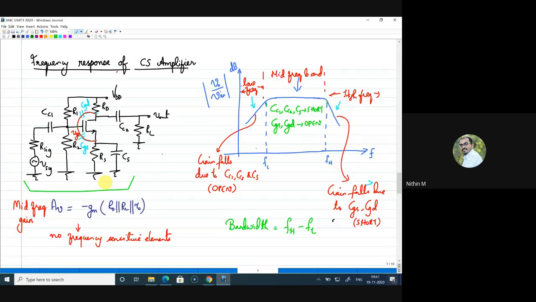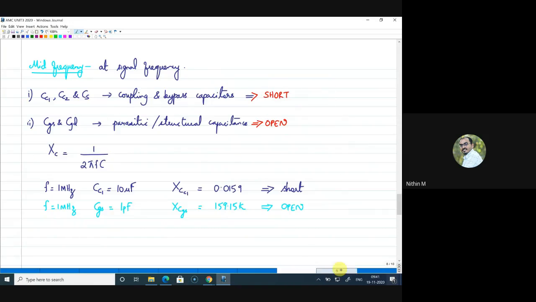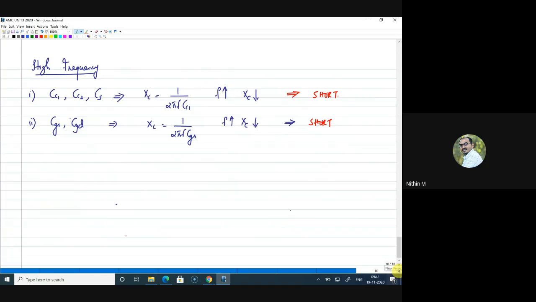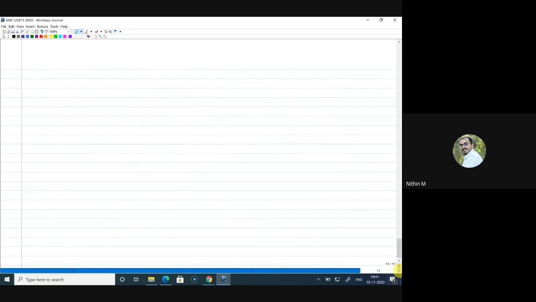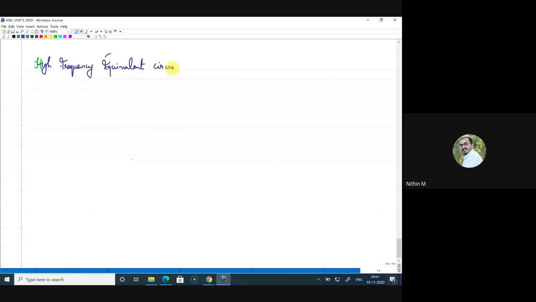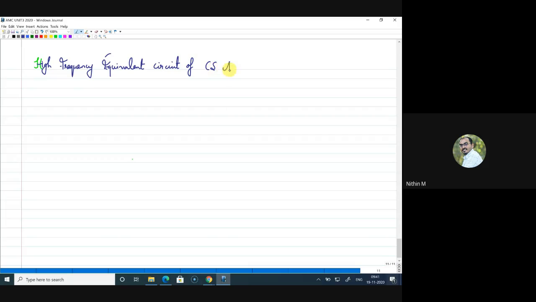Then I have to introduce one more concept, and then later we'll go for the analysis. So I have drawn a circuit diagram there, the CS amplifier.